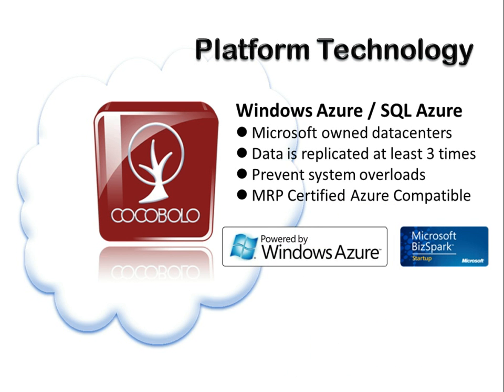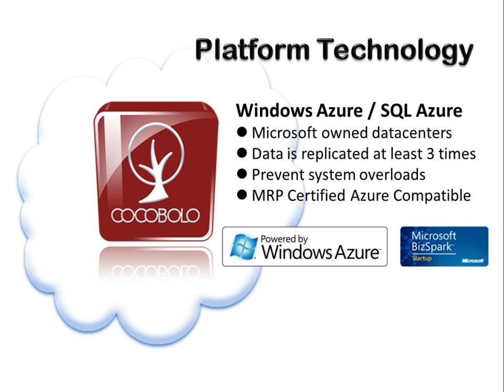Now, the platform that we use to deliver the Cocobolo-Solution is called the Azure platform. Azure was designed specifically to host cloud-based applications on Microsoft-owned data centers. Now, there are many advantages of using this platform, but one of the top advantages is that all data that's in the databases, all of the documents that you upload, and the application itself are replicated a minimum of 3 times.